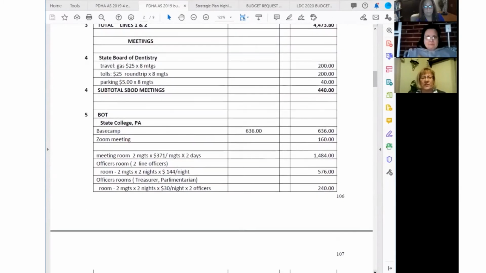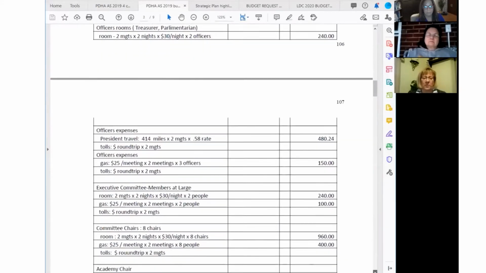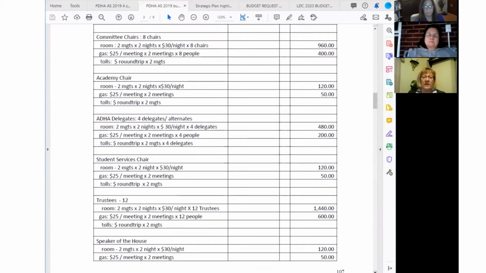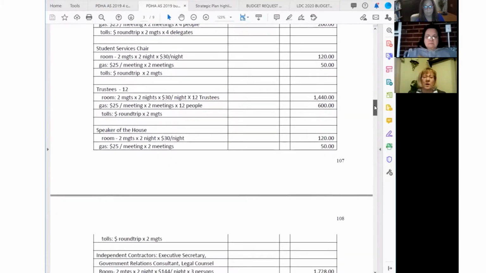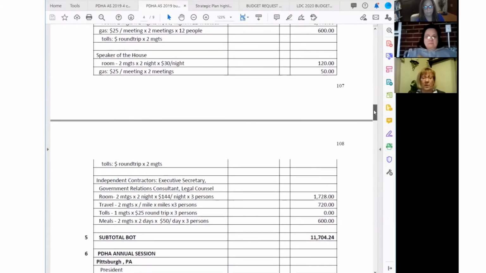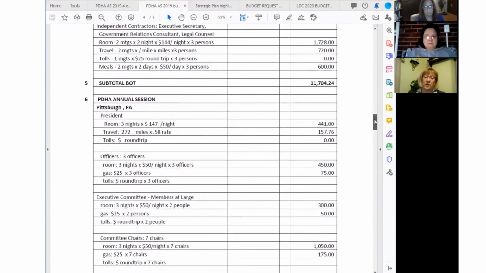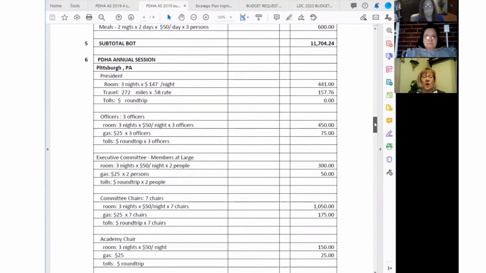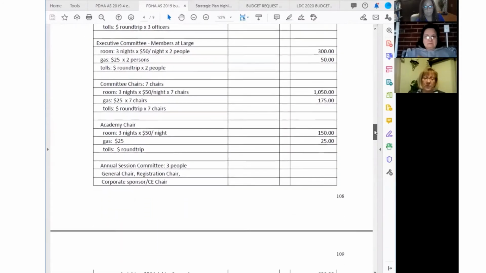As far as each of the meetings that we do, annual session, the board meetings, it goes into officers, it goes into disbursements for trustees, for committee chairs, anything that we have done that way that we have accepted on the budget from last year. You also have to remember it includes our independent contractors, and the expenses for annual session.